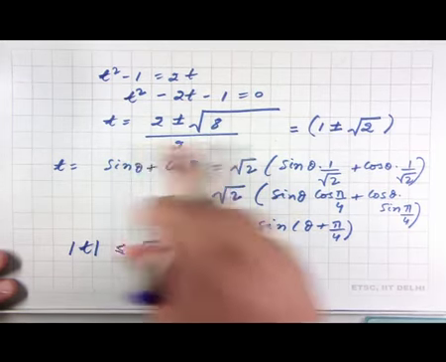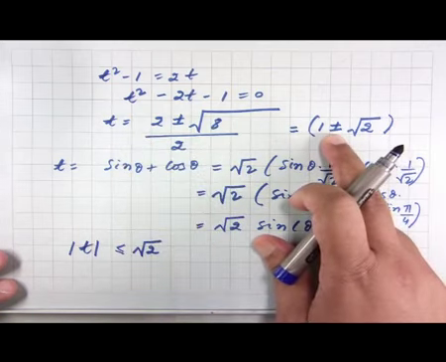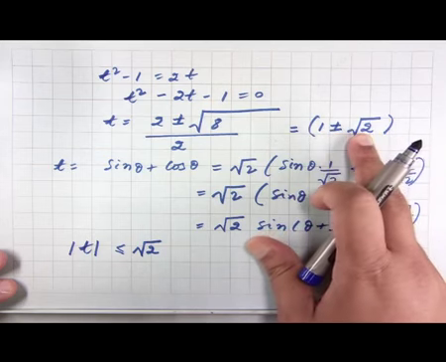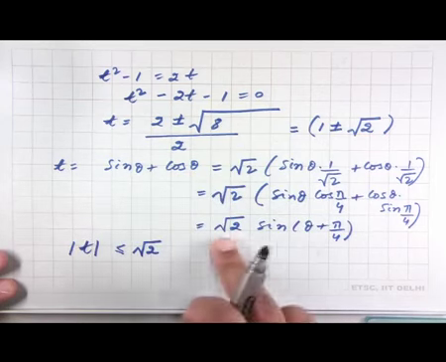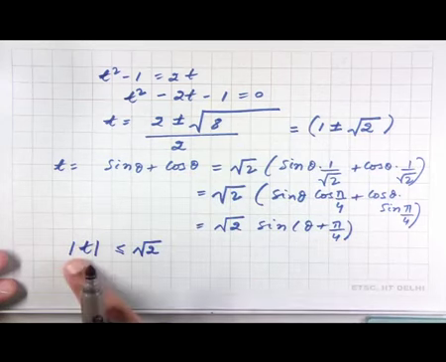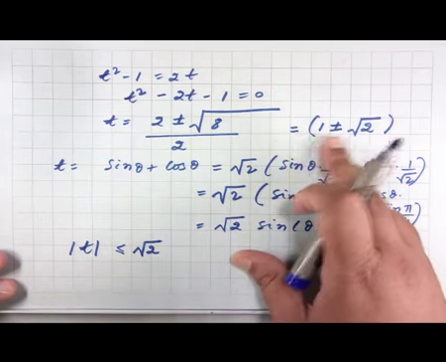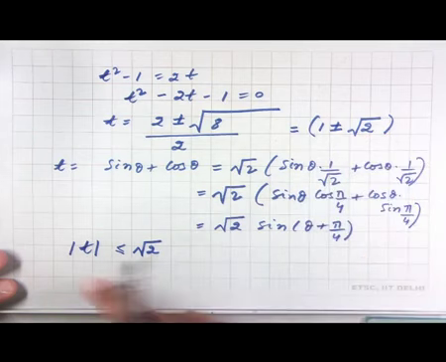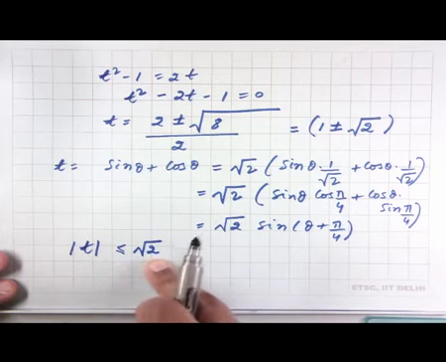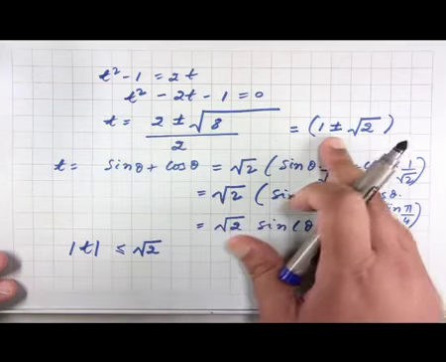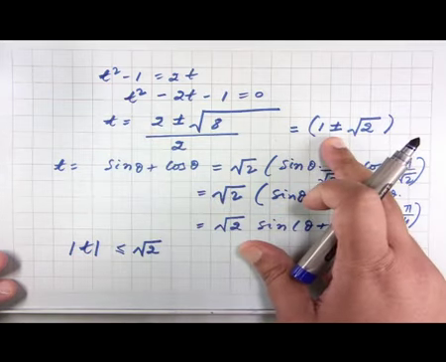If we go back to the roots of this equation, the root 1 plus root 2 is not a feasible solution, because t is sin theta plus cos theta, whose absolute value should be less than root 2. We cannot take the root 1 plus root 2, because it does not satisfy this constraint. Therefore the only other solution is that t is equal to 1 minus root 2.